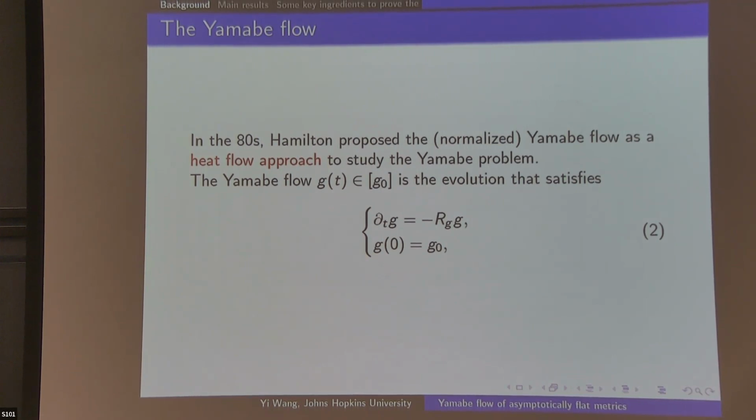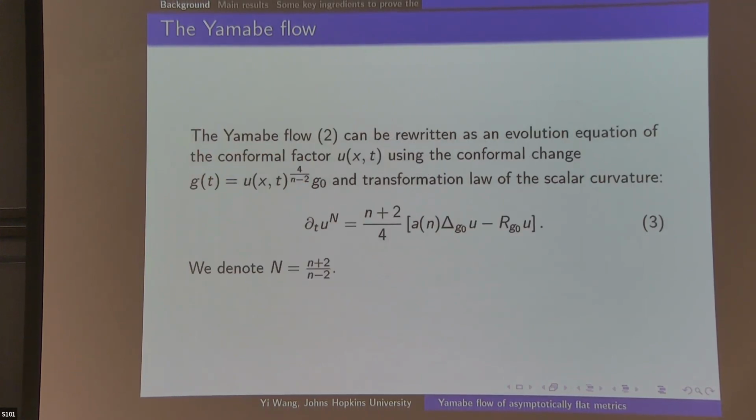As before, the evolution equation can be written in terms of the conformal factor. The metric is an n by n matrix in local coordinates, but you can write it in terms of the conformal factor, and it becomes an evolution equation for the function u.